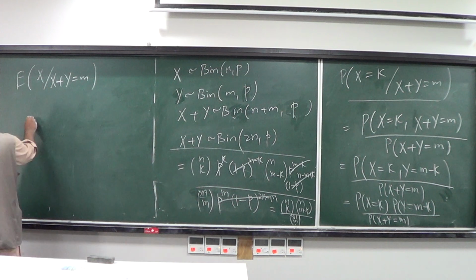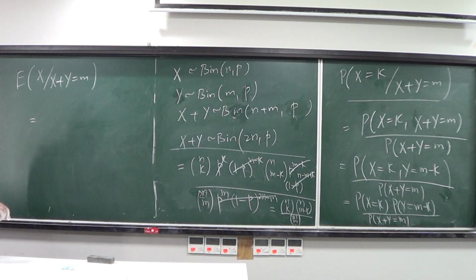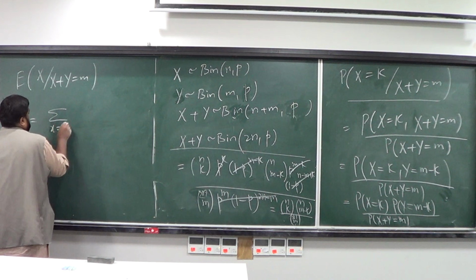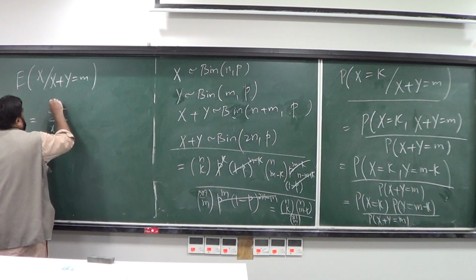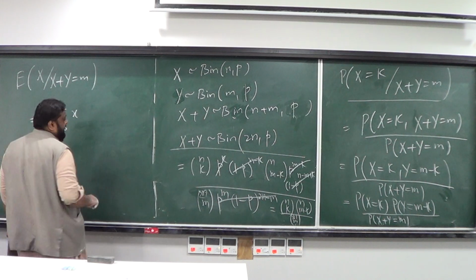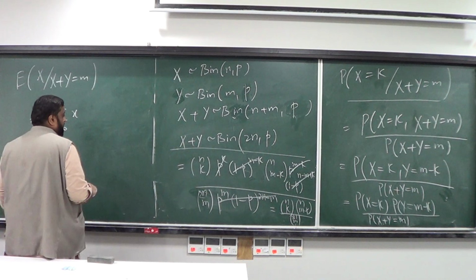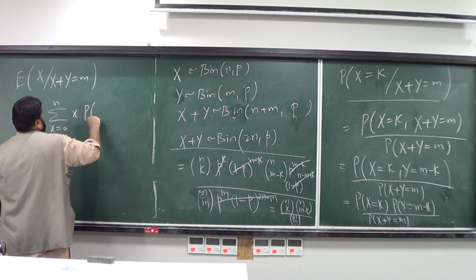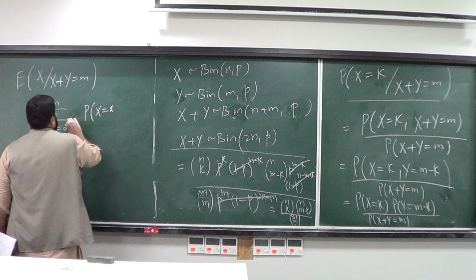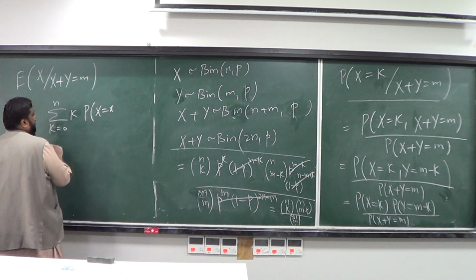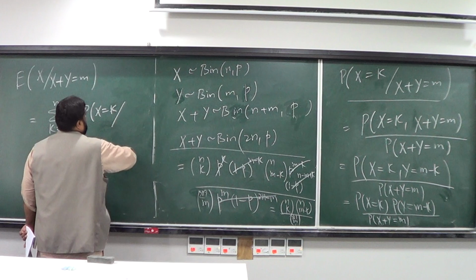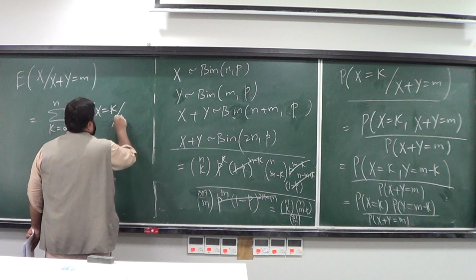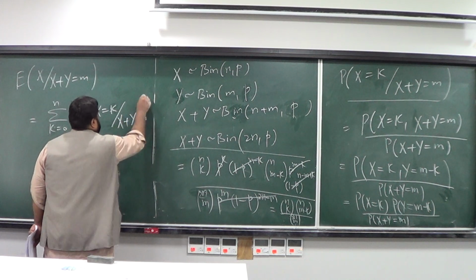So this is going to be equal to the sum that goes from x equal to 0 to n of x multiplied by the probability of x equal to x, or maybe if I put a k here, k equal to 0 to n, k times the probability of x equal to k given x plus y equal to m.